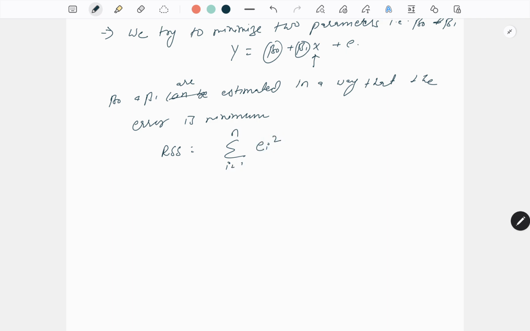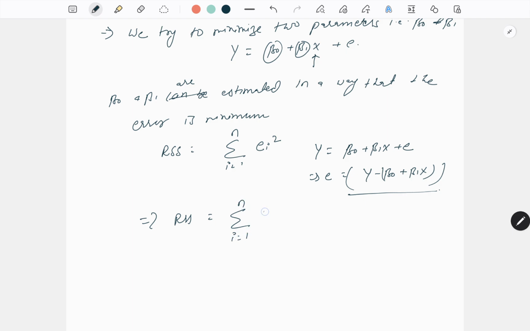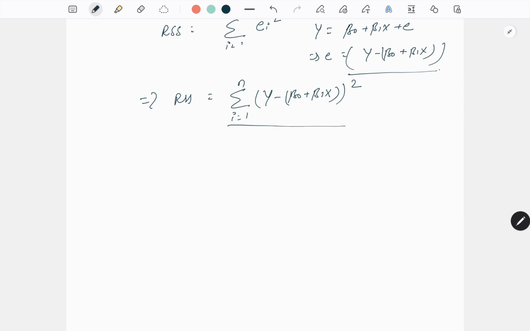Now we have simple linear regression as y equal to beta naught plus beta 1 x plus e. We can rewrite it as e equal to y minus (beta naught plus beta 1 x). This is the error part. So from here we can write RSS as the sum from i equal to 1 to n of (y minus (beta naught plus beta 1 x)) whole squared.